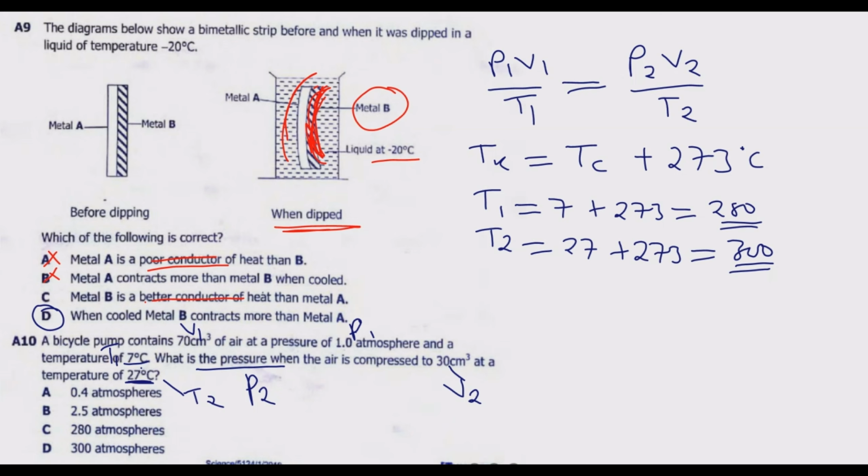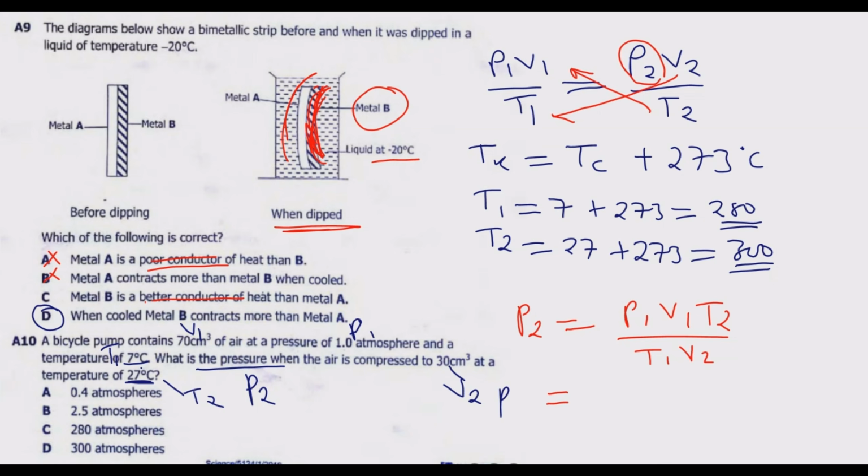Then let us make P2 the subject of the formula, since this is what we are looking for. So pressure 2 is equal to pressure 1 multiplied by volume 1 multiplied by temperature 2, over temperature 1 multiplied by volume 2. So what do we get? We substitute.